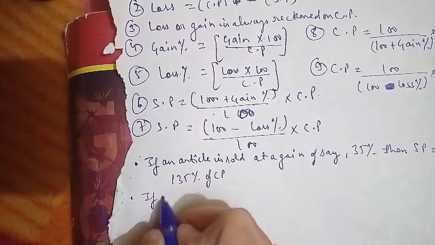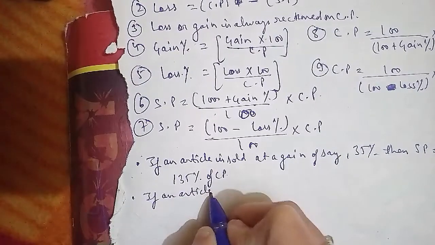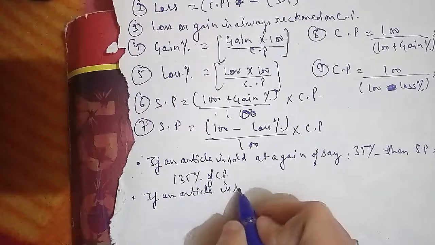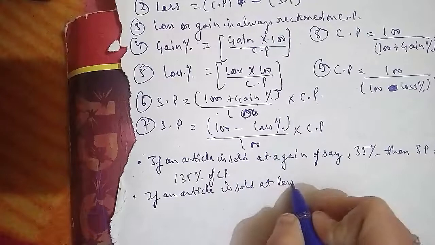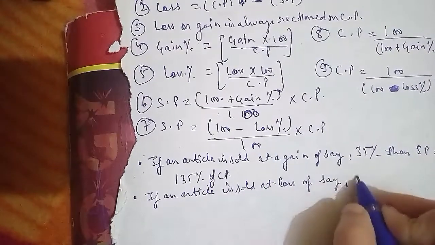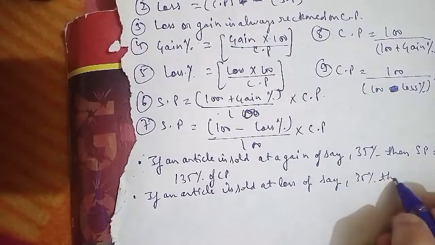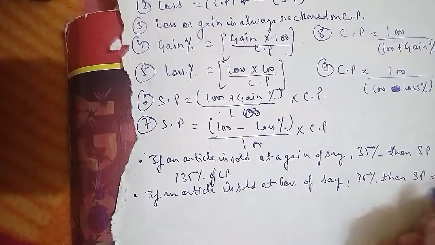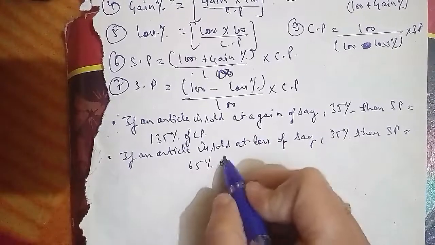Another is, if an article is sold at a loss of say 35%, then SP is equal to 65% of CP.